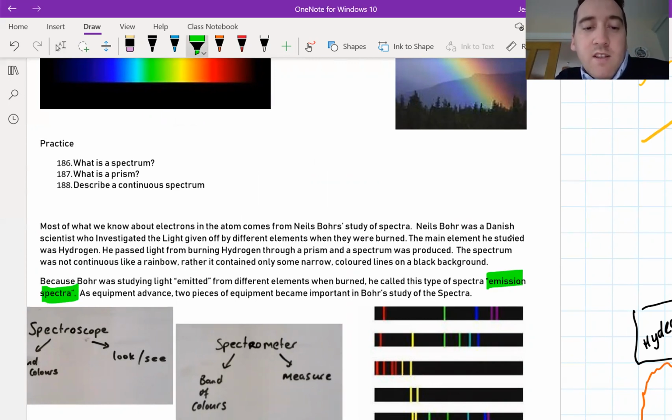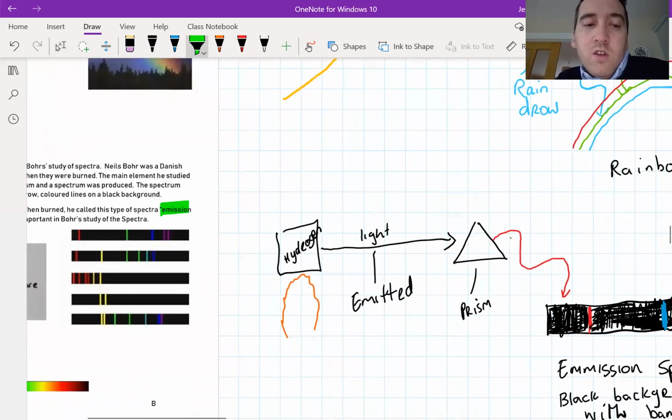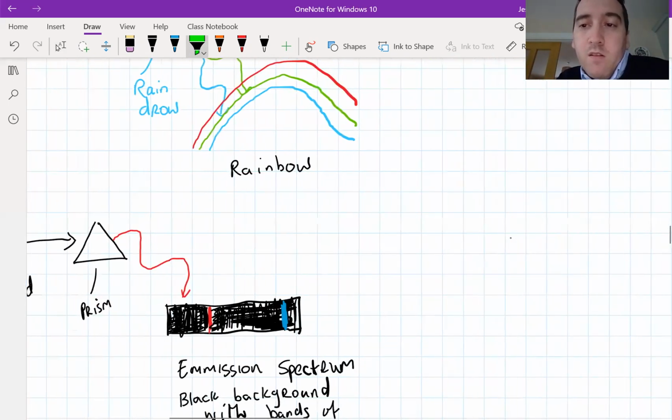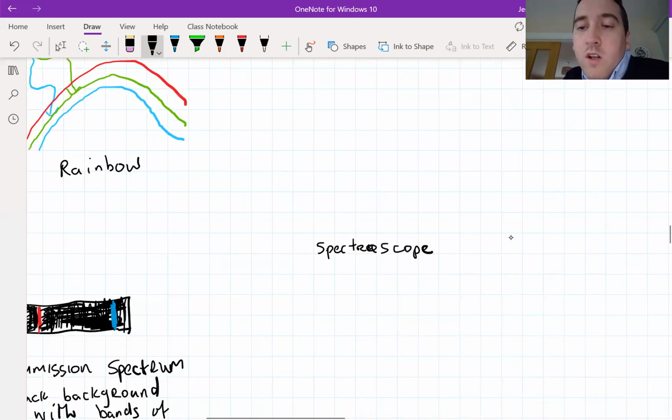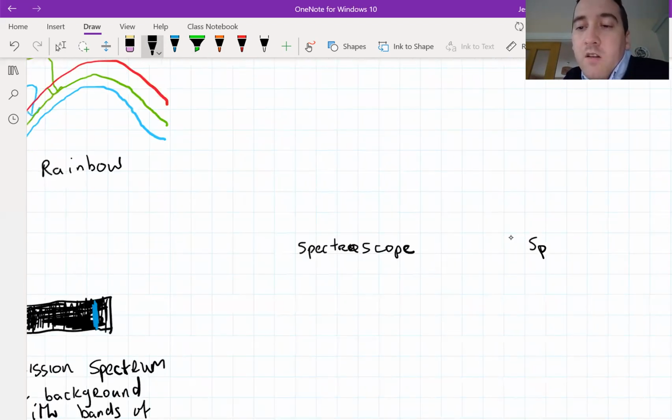As equipment advanced, two pieces of equipment became important for Bohr's studies. One of these was called a spectroscope, and the other one was called a spectrometer.